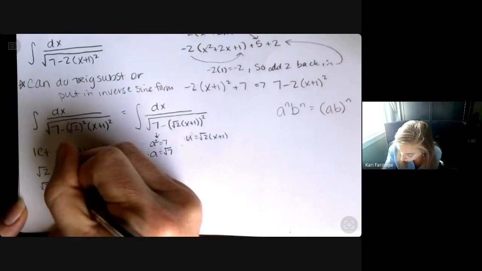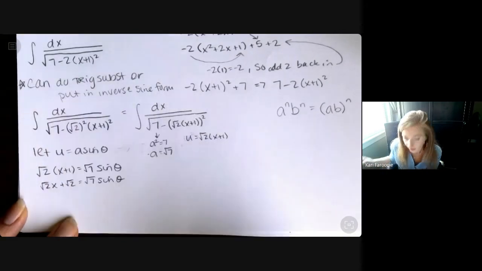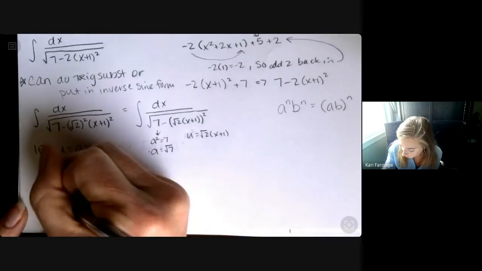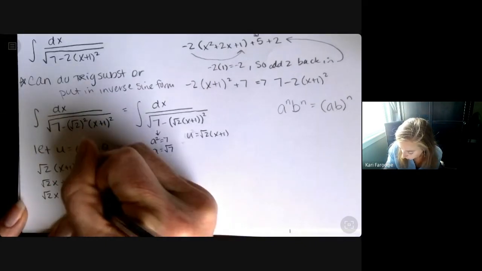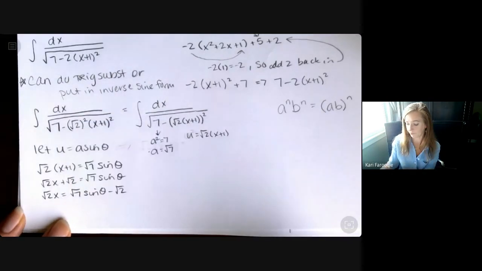To do that, go ahead and distribute. And you'll have the square root of 2, I'm sorry, the square root of 2x plus the square root of 2 equals the square root of 7 times the sine of theta. Then to get x by itself, subtract the square root of 2 from both sides.